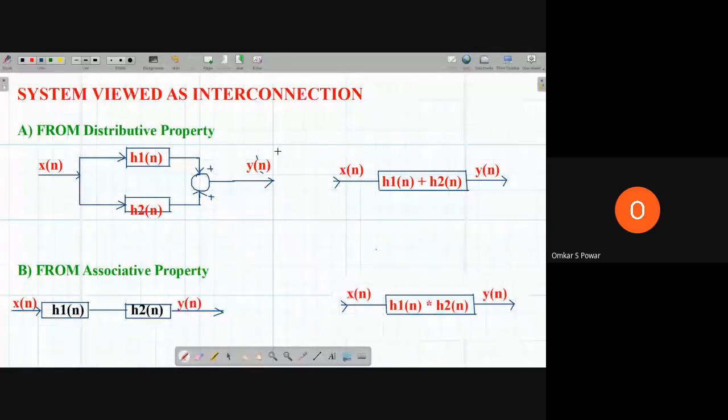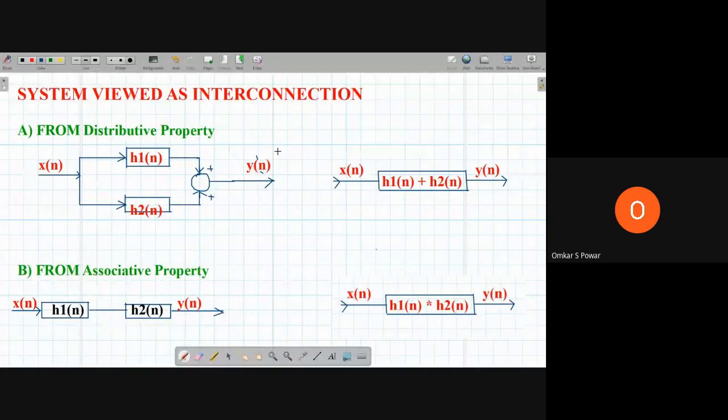Okay, so we are in the last part of the second module. What we have learned in this module is: what is the intuition behind convolution? What is this term called convolution? Where is this convolution applied? What are the applications of this convolution?